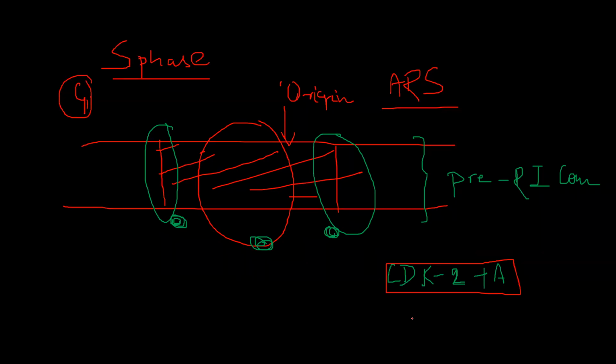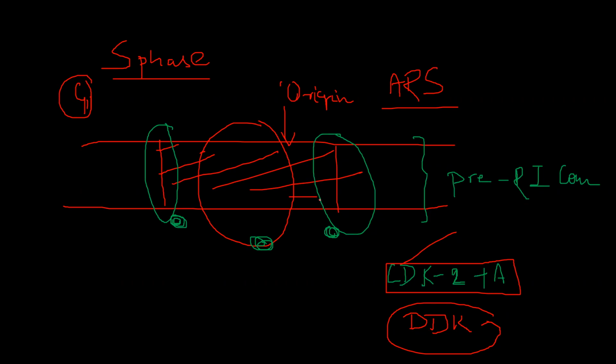So CDK2, cyclin A and DDK kinase will come. DDK kinase will add the phosphate group on MCM2, and CDK2 and cyclin A will add the phosphate on CDT1 and CDC6.